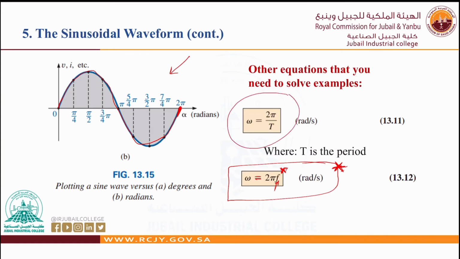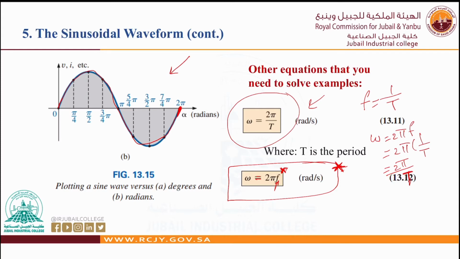Remember, guys, the frequency f is equal to 1 over T, where T is the period, and omega is equal to 2πf. So 2π multiplied by 1 over T is equal to 2π over T. Guys, this is easy. This is how we derive the equation.